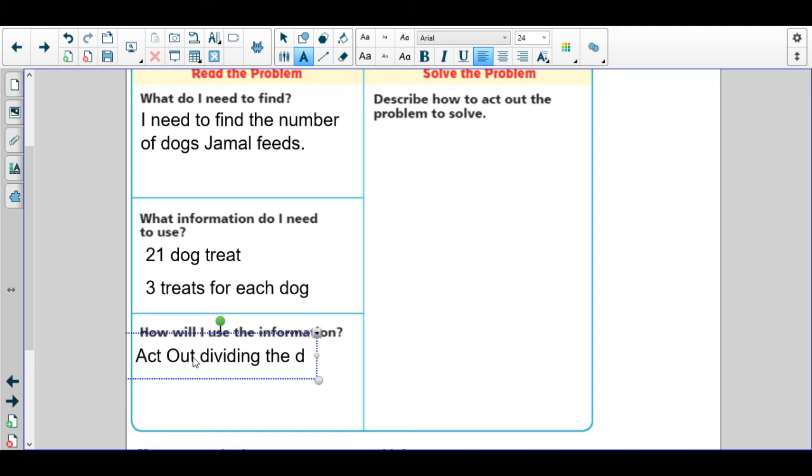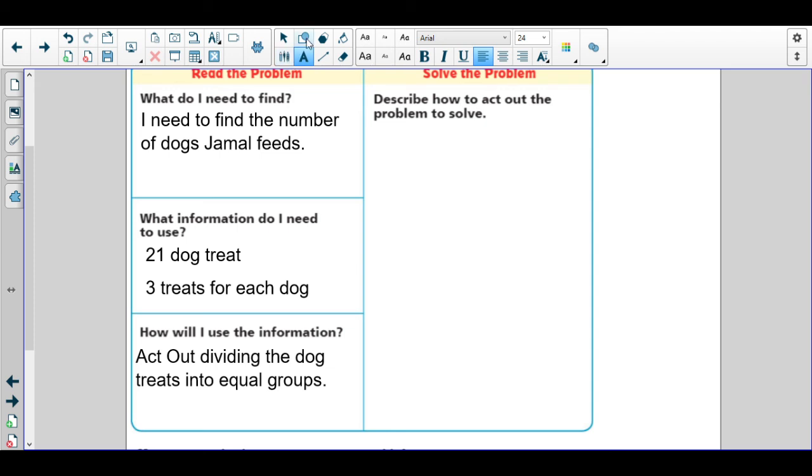Dividing the dog treats into equal groups. So what does that look like? Describe how to write out to solve the problem. Well, we're not going to write it out. We're going to just go ahead and solve this.